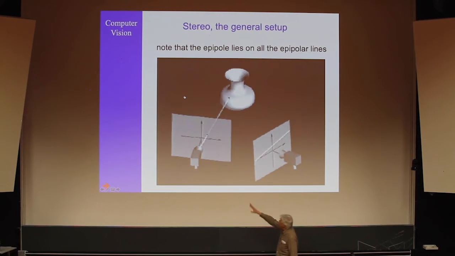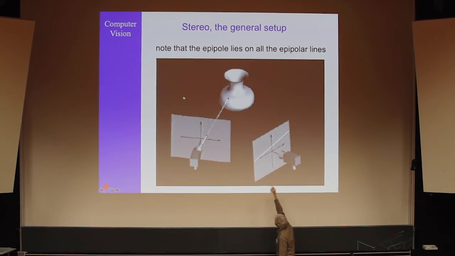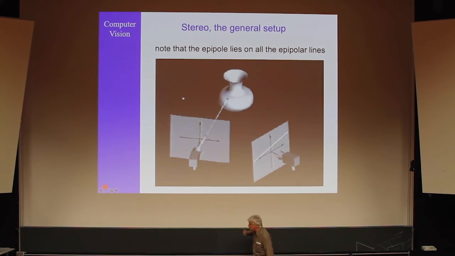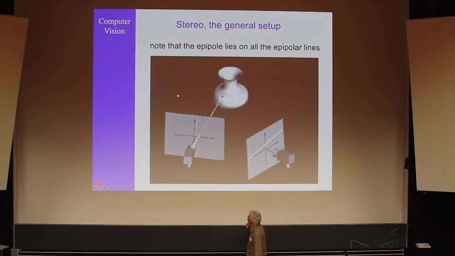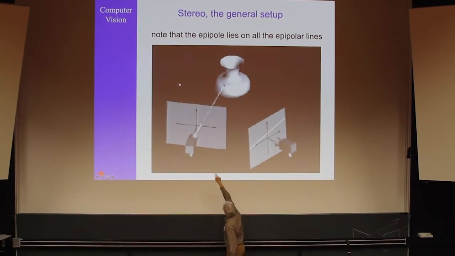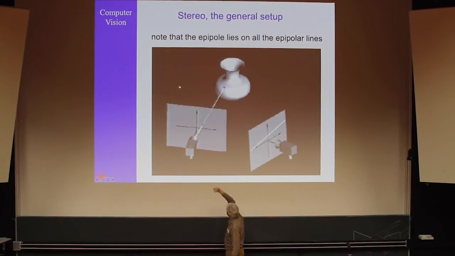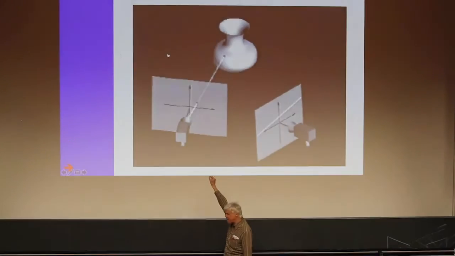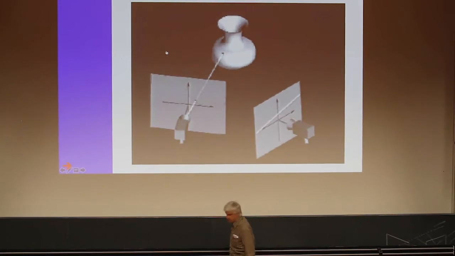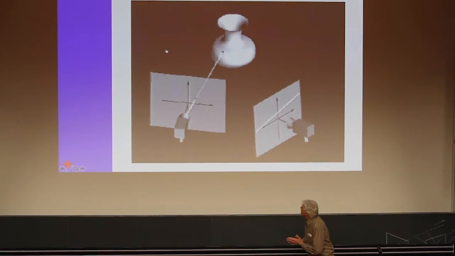So we have the first camera, where the second camera sees the first, or the center of projection of the first camera, that is the epipole. But all the rays, independent of the point P that we choose in this view, run through that same center of projection.